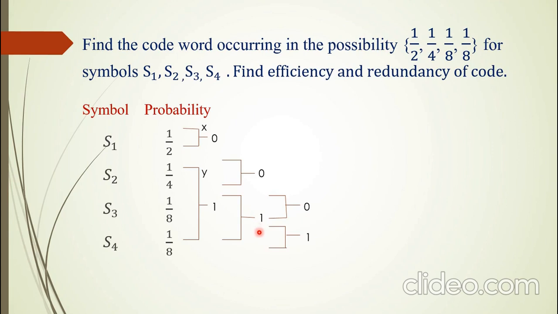Now only these 2 symbols are left, so we can again divide them, with one getting bit 0 and the other bit 1. That is how we should define subsets. First we divide all the probabilities into 2 subsets with equal probability.